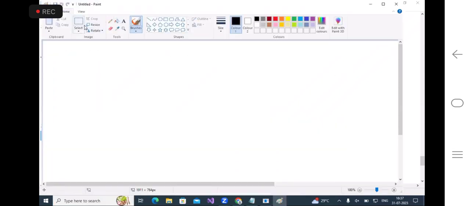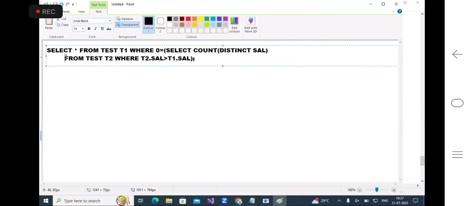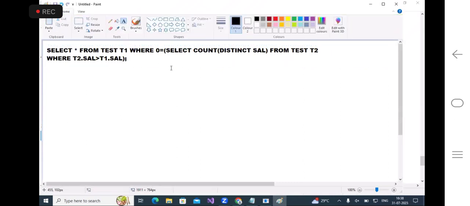So let me come out and see. This is your query request. Now in this case, observe carefully. This is our query statement. Here I created two alias names, T1 and T2, and I already told you the self join technique is the same.